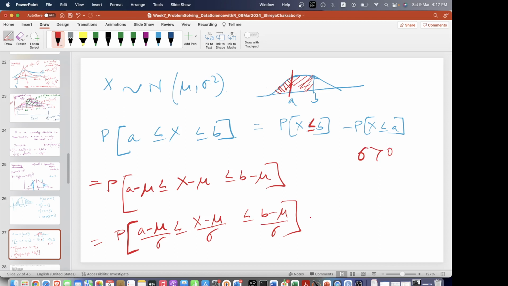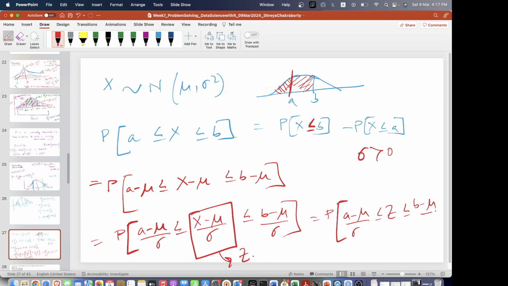Alright. So this one you can write as probability a minus mu by sigma less than equal to, this quantity is usually what is known as, it is denoted by z. Okay. So z less than equal to b minus mu by sigma. Okay.